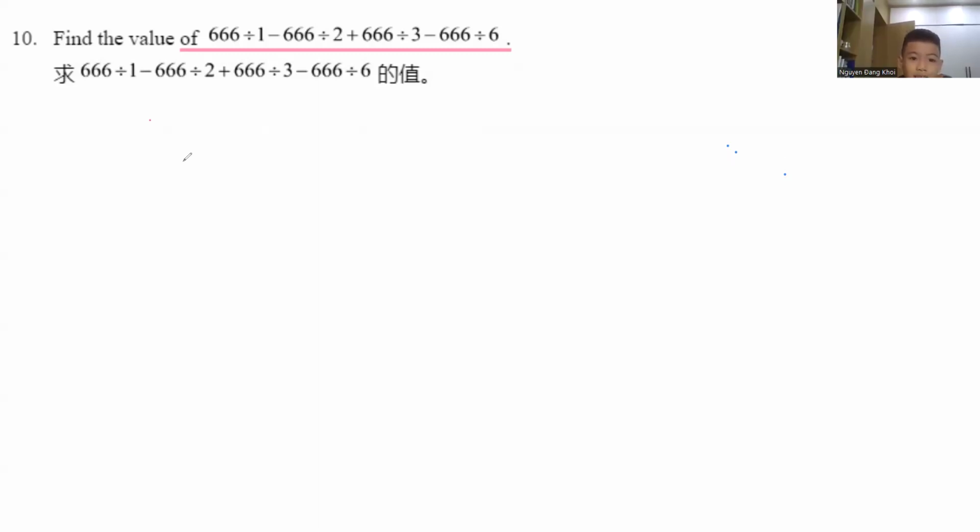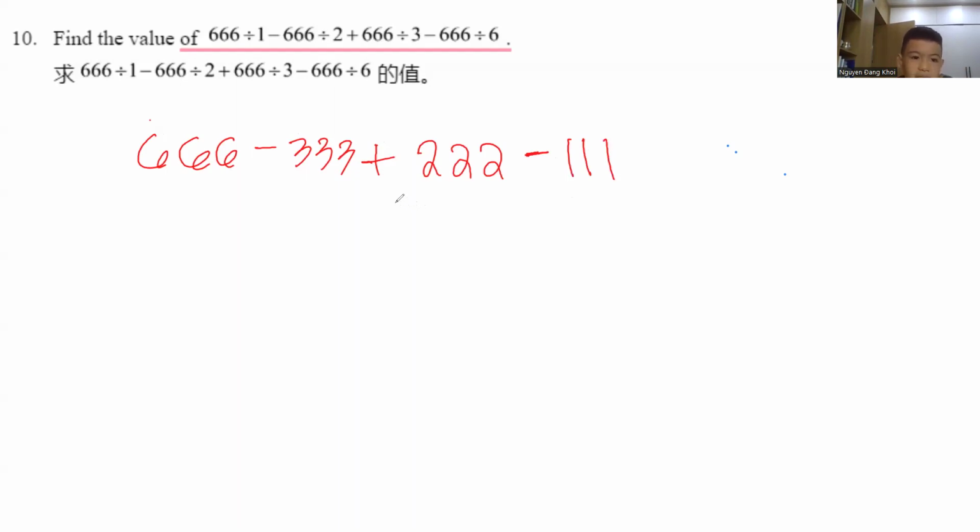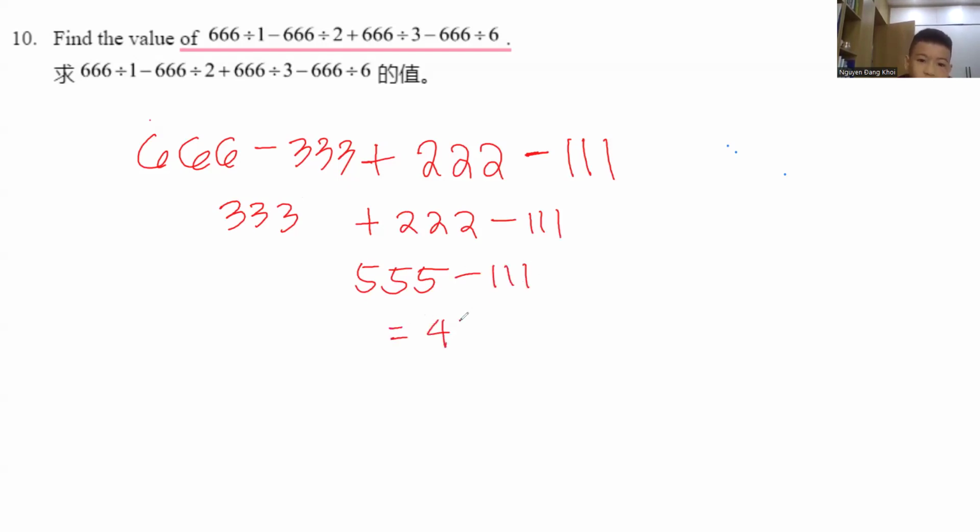666 divided by 1 minus 666 divided by 2 plus 666 divided by 3 minus 666 divided by 6. 666 divided by 1 is 666, minus 666 divided by 2 equals 333, and plus 666 divided by 3 equals 222, and plus 666 divided by 6 equals 111. 666 minus 333 equals 333 plus 222 equals 555 minus 111 equals 444.